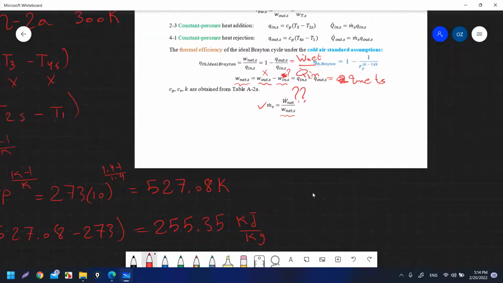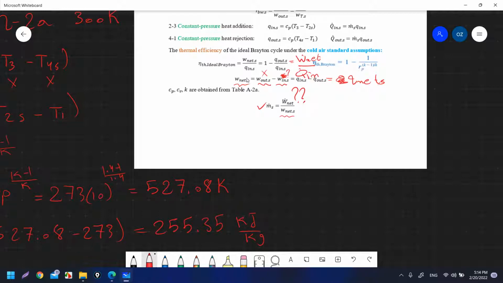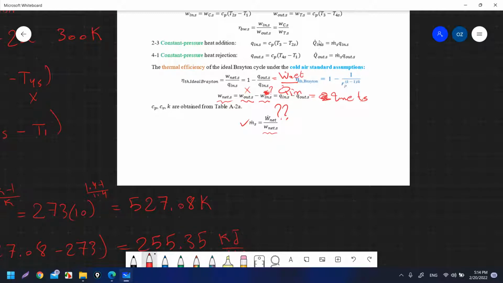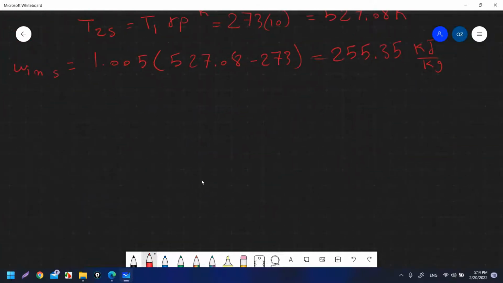So let's try our luck with the other equation to find WNS. How can I find QNS and QOutS? Maybe I can find them directly. So let's start with QNS. QNS can be found easily because I have Q dot NS and I also have M dot S. So I can divide them, Q dot NS over M dot S, and find QNS directly.